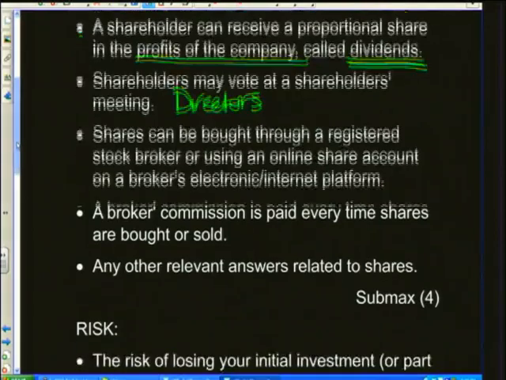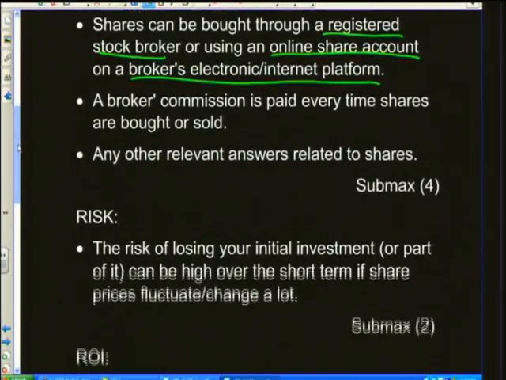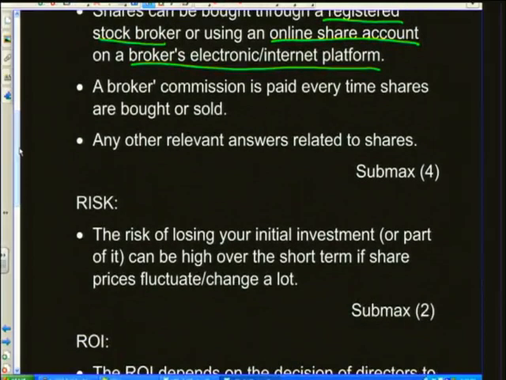Okay. Shares can be bought through a registered stockbroker or using an online share account on a broker's electronic or internet platform. Right. A broker's commission is paid every time shares are bought or sold. So you pay a percentage of the actual share as a commission there.